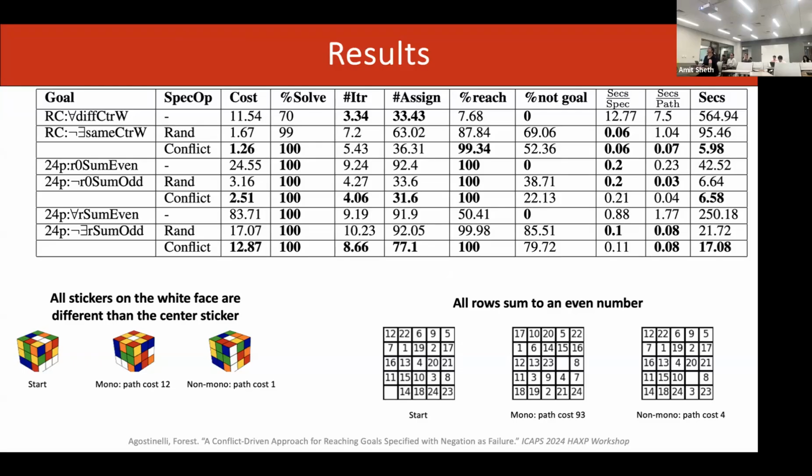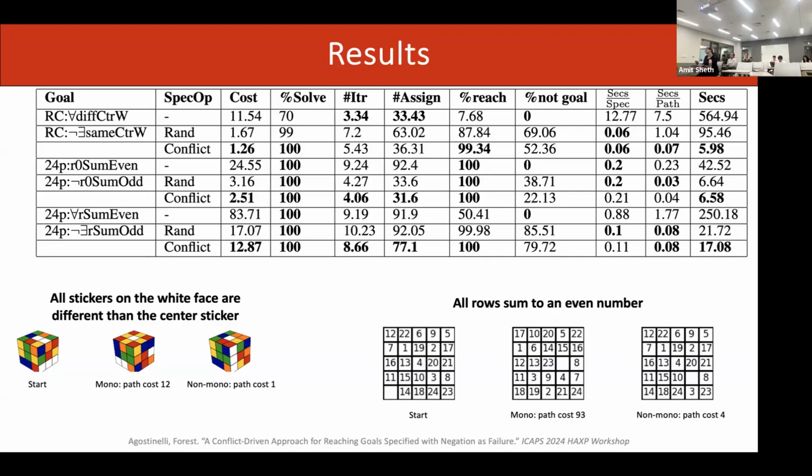For example, I can specify that all the stickers on the white face should be different than the center sticker, and I can specify this in different ways. I can specify this monotonically by saying all the stickers are, and I can positively say that there exist 9 stickers and each sticker is different than the white cubelet.